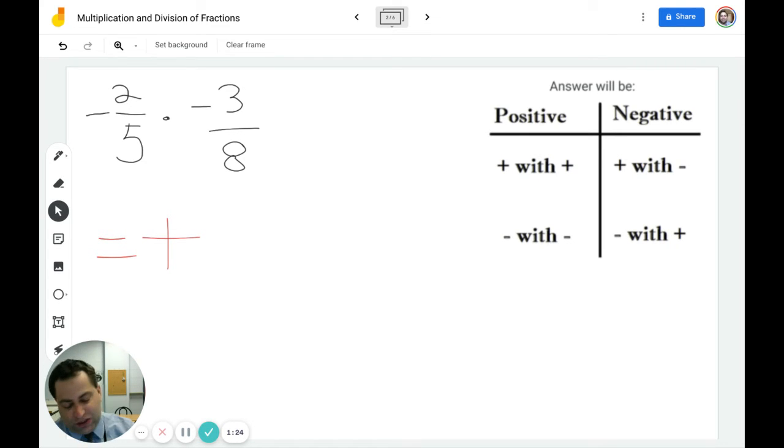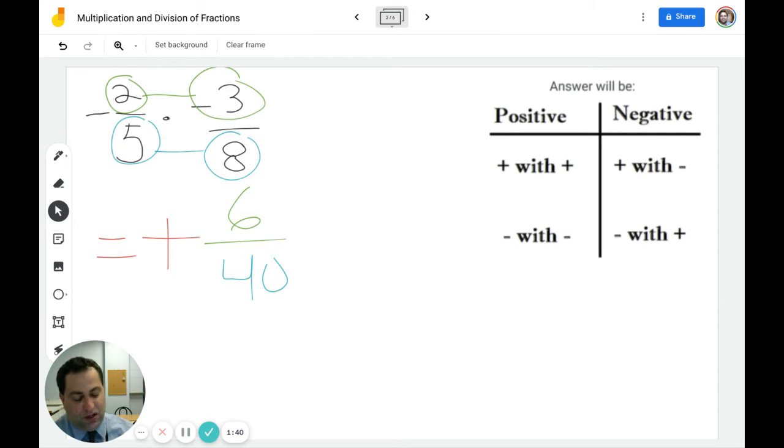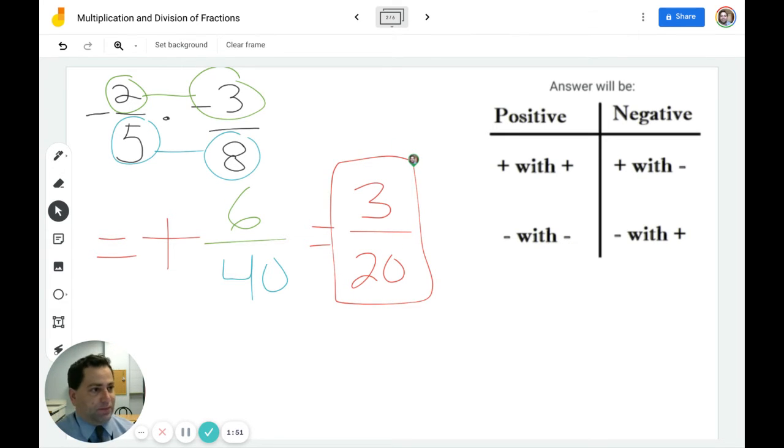When multiplying fractions, we are simply going to multiply across. 2 times 3 is 6, and 5 times 8 is 40. Again, we see another opportunity to divide by 2. 6 divided by 2 is 3, and 40 divided by 2 is 20. And the answer is positive 3/20.